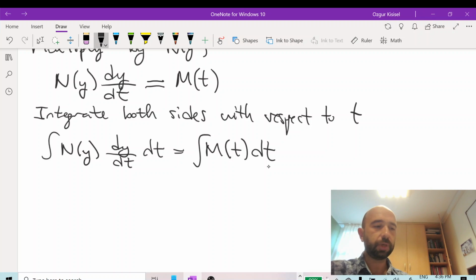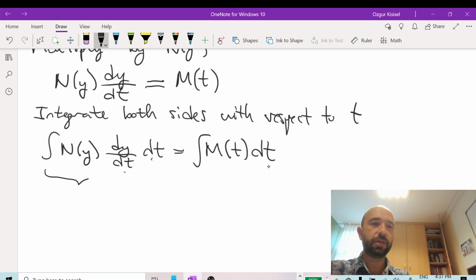It might be an easy or difficult integral, but anyway, we can do something about it. The left-hand side, though, we have both y's and t's, so we don't want that, right? If we don't know y, we cannot integrate that with respect to t. However, there is something special going on here. You see a dt right here and a dt right here, so intuition tells us that we could maybe cancel them. And actually, that's a correct step.